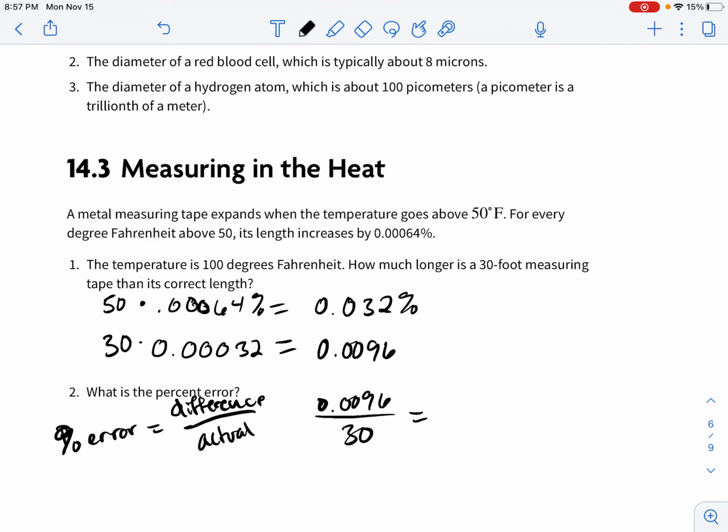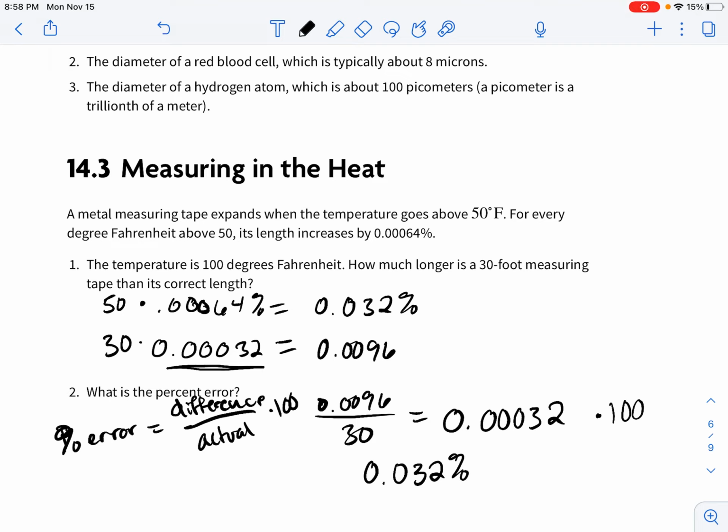So when you take that divided by 30, well, you're just going to get this value right here, because you're just undoing that multiplication. Okay, so that is the percent in decimal form. We're going to multiply that by 100, and then that's going to give us 0.032%. So it's a very small error that you're going to notice with those type of temperatures.